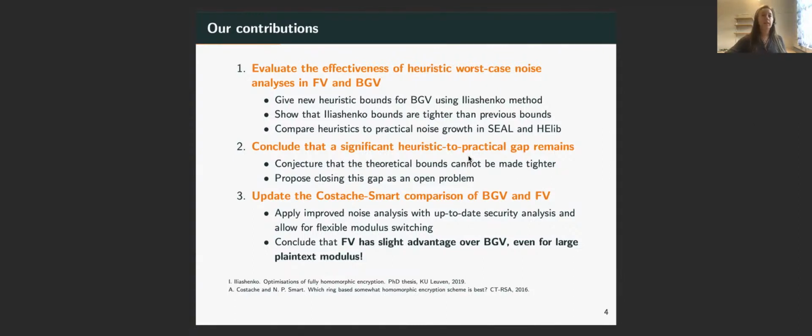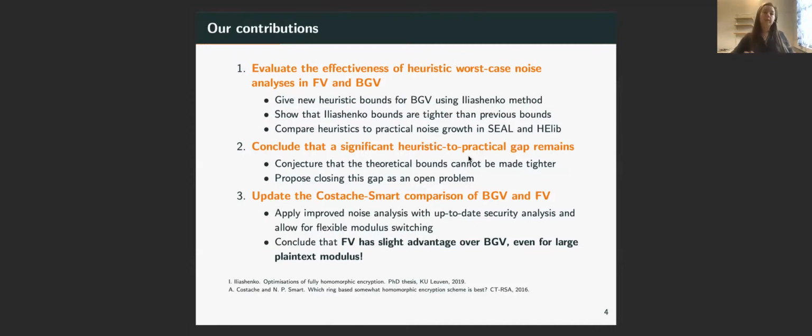And then finally, as a second contribution, we also update the Costache-Smart comparison of BGV and FV. The reason for this is that it's been recently shown that the Costache-Smart parameters that were proposed had as little as 50 bits of security. And we redo this comparison for parameters that achieve 128 bits of security.